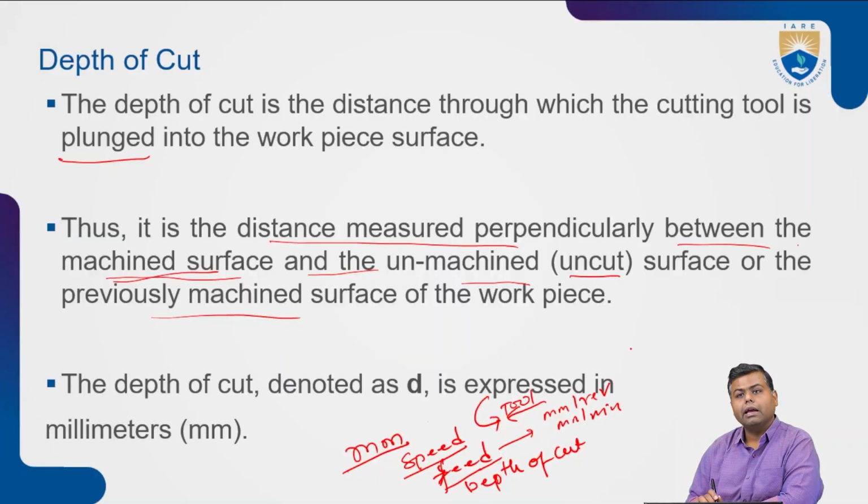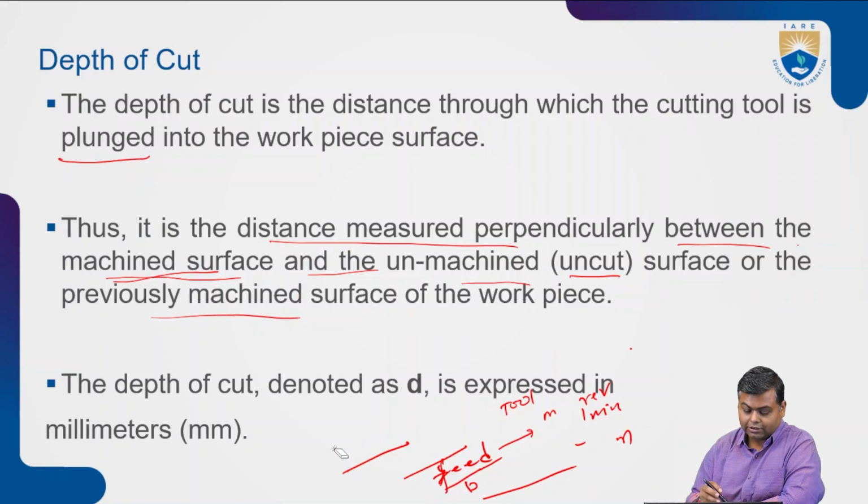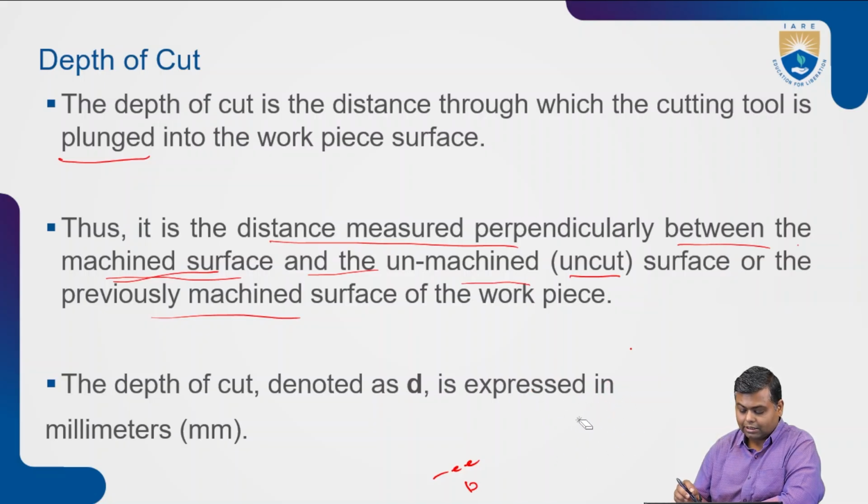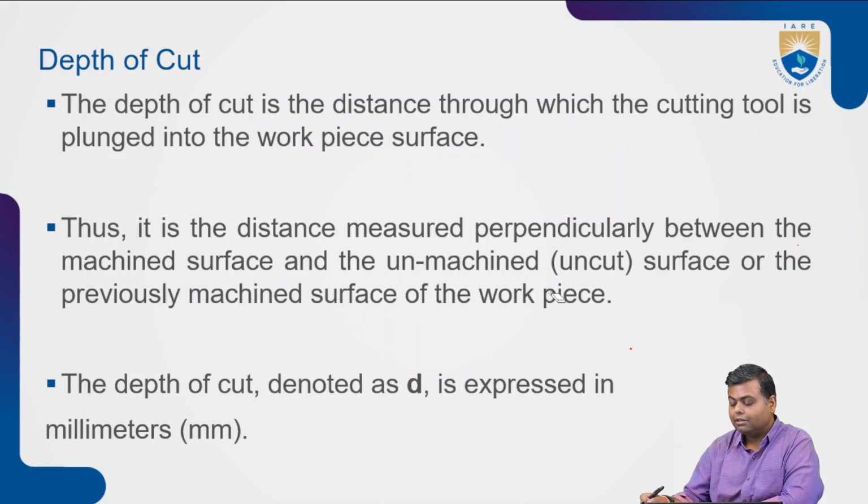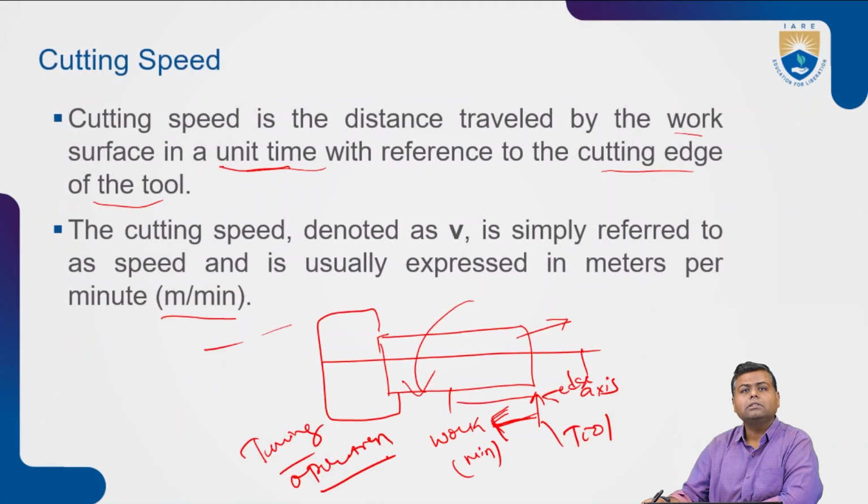So both we can express. Next, depth of cut is generally in mm. So how much distance it has covered or plunged into, where the difference is between the finished surface, that is the cut, machined surface, and the other term, the uncut surface, that is the non-machined surface. So these are the definitions for speed, feed, and depth of cut. We also express them in terms of units for speed, feed, as well as depth of cut.